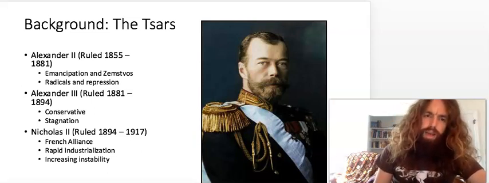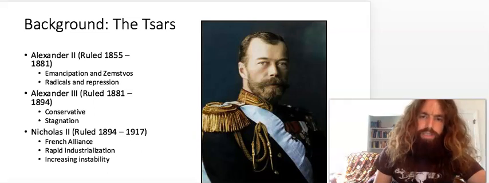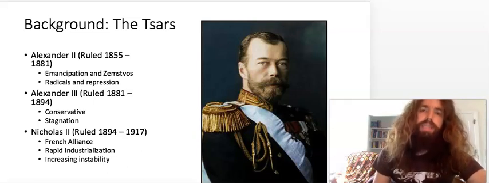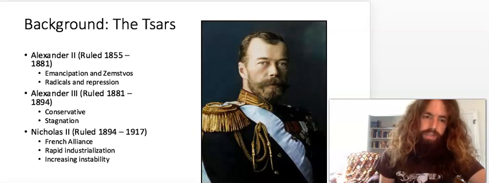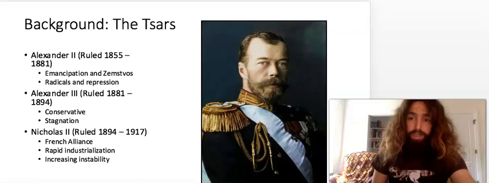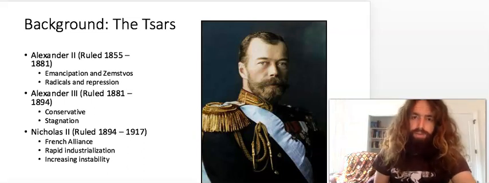Now, after Alexander III, Nicholas II, the last of the czars, realizes that this is not the right way and that rapid industrialization and modernization needs to happen if Russia is going to stay relevant. And now, Nicholas actually does end up adopting a number of fairly effective reform measures.